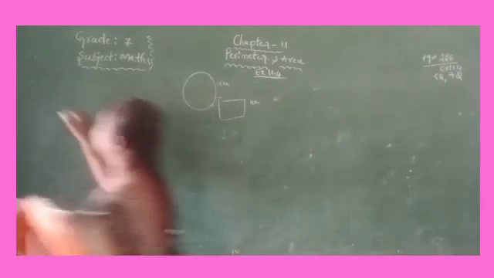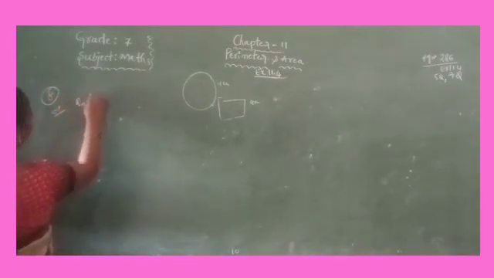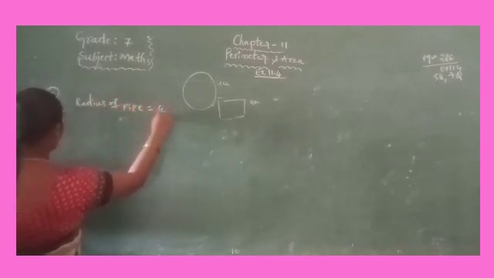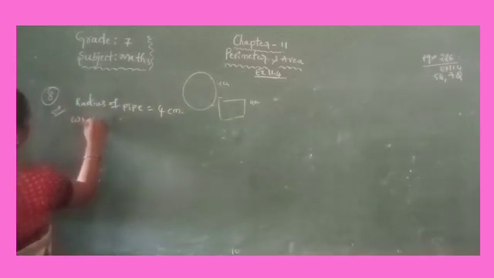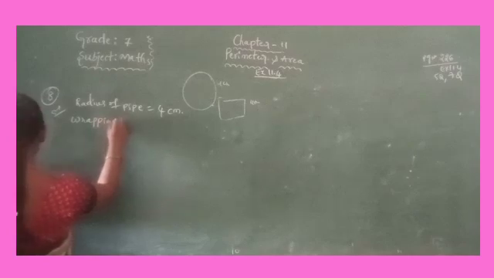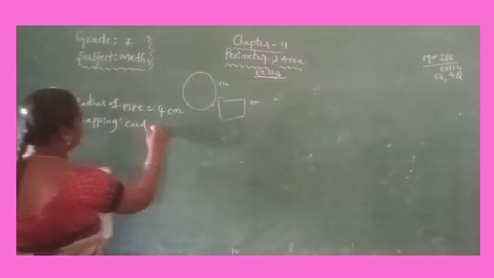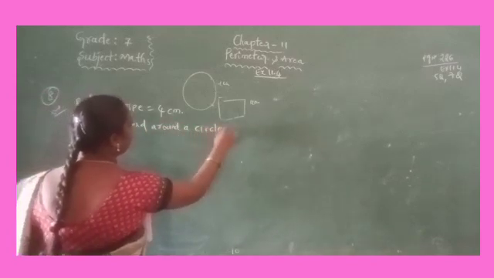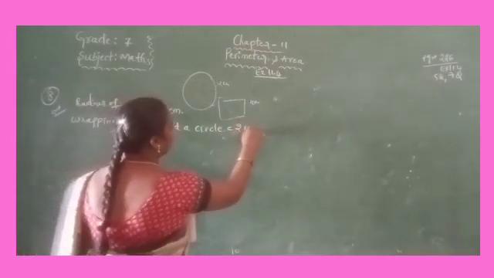So first write the given values, that is the radius of the pipe. The radius of the pipe is in meters or centimeters? Centimeters. Okay. So wrapping cord around a circle means the circumference, 2 pi r.